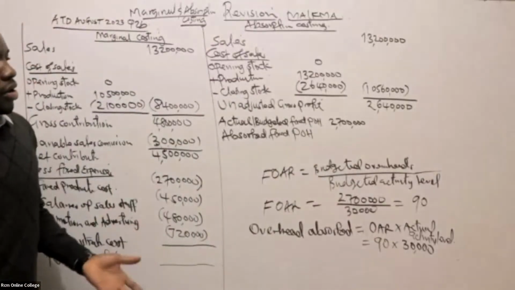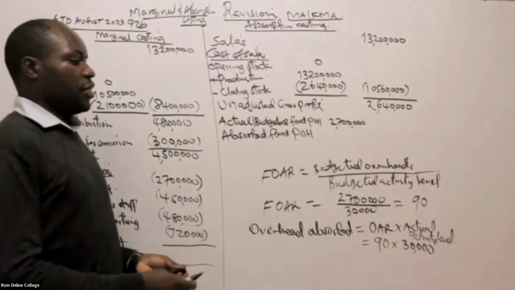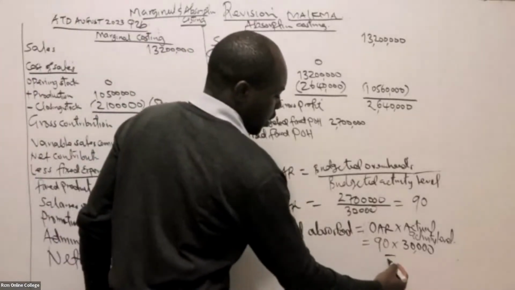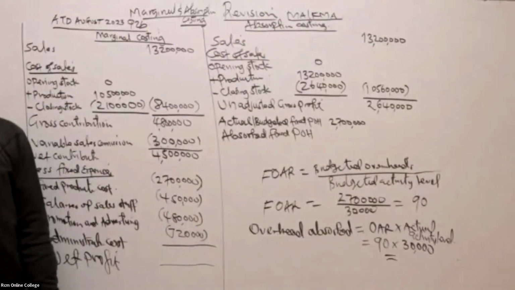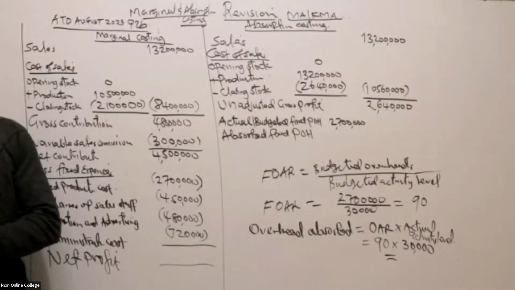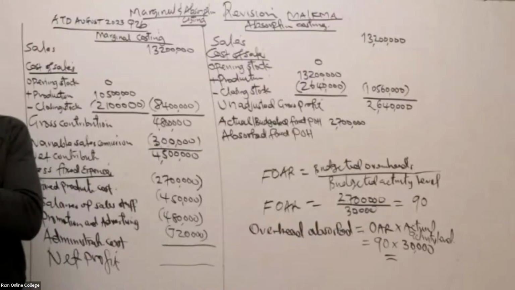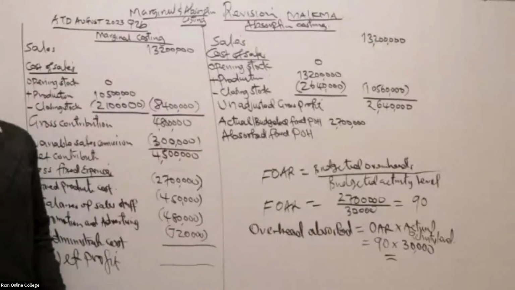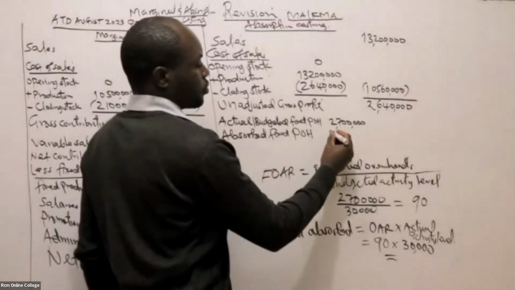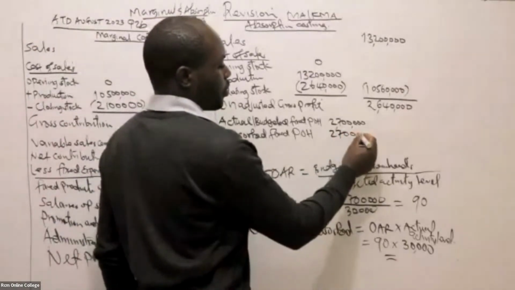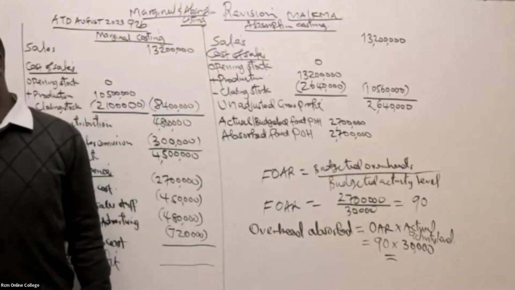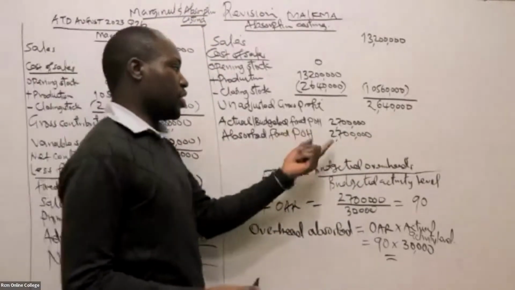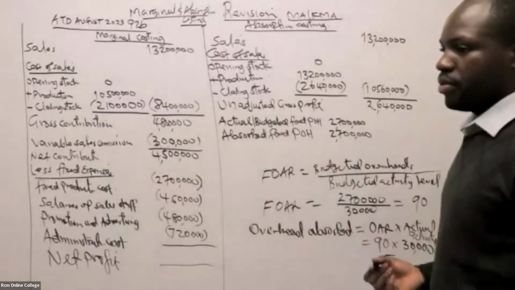Good. So having done that, we have been able to see what we are getting when you multiply. We are getting 2,700,000. Now, the 2,700,000, come and compare.